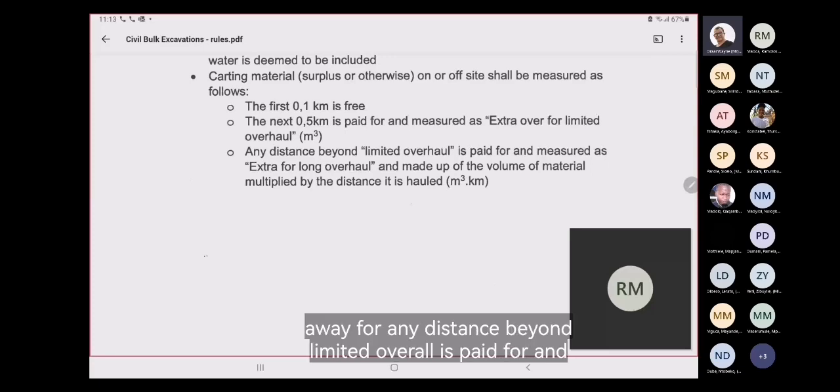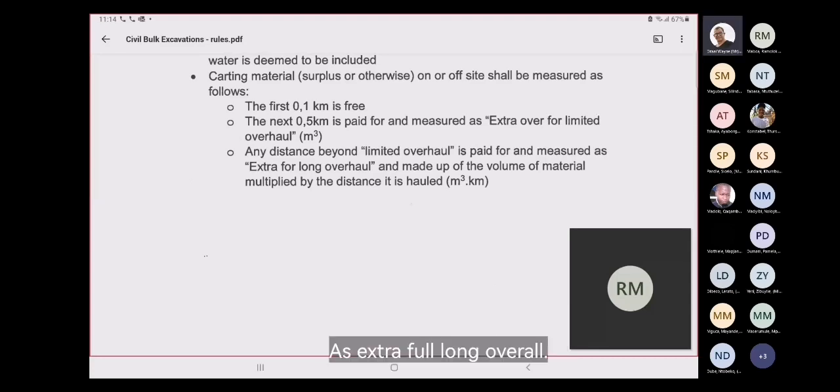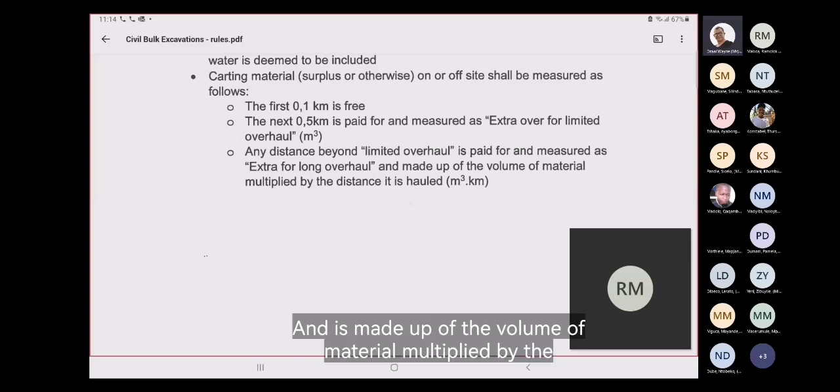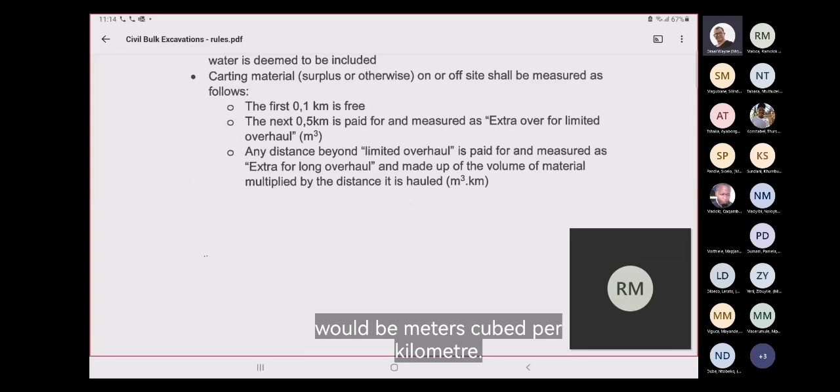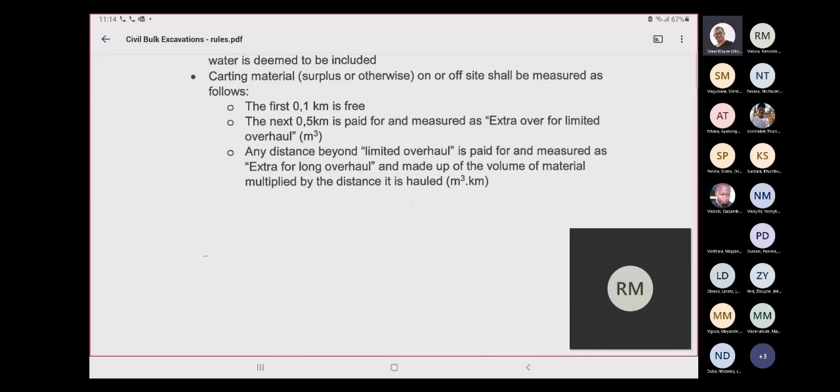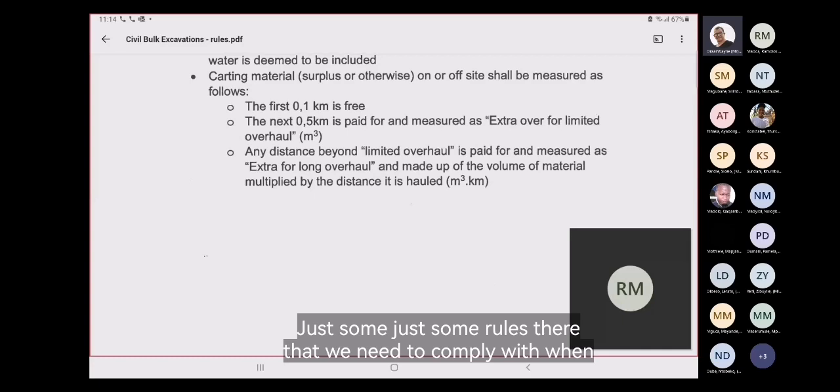Any distance beyond limited overhaul is paid for and is measured as extra for long overhaul, and is made up of the volume of material multiplied by the distance it is hauled, and the unit of measurement for that would be meters cubed per kilometer. Just some rules there that we need to comply with when dealing with bulk excavations for civil engineering.